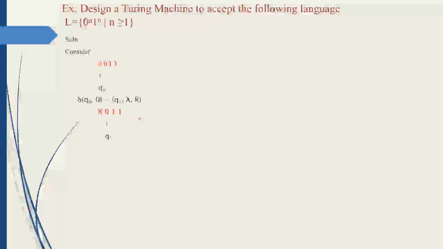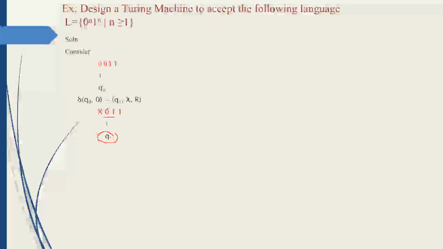So can you guess what will be the next transition? You are in the state Q1. What is the input? Input is 0. If we are in the state Q1 and input is 0, you should not perform any operation.